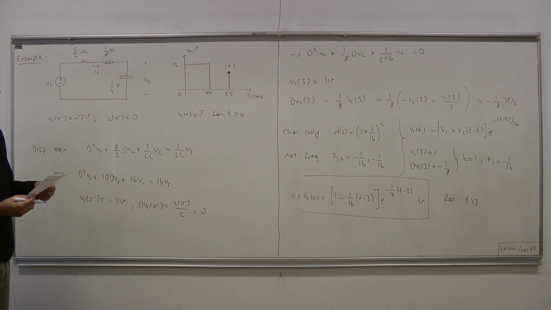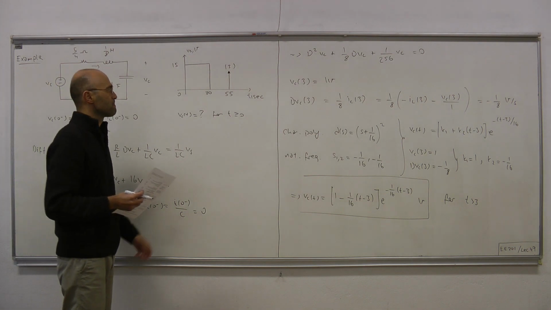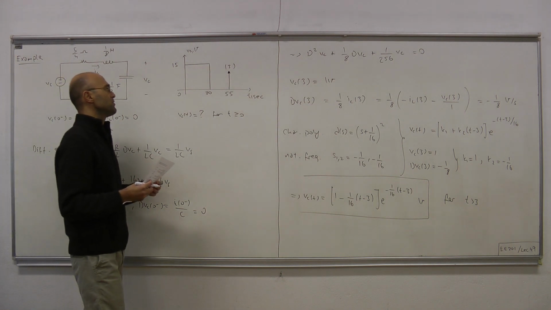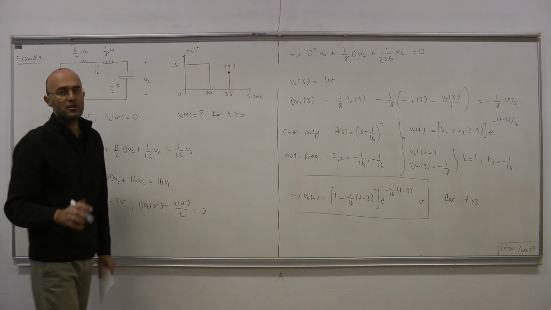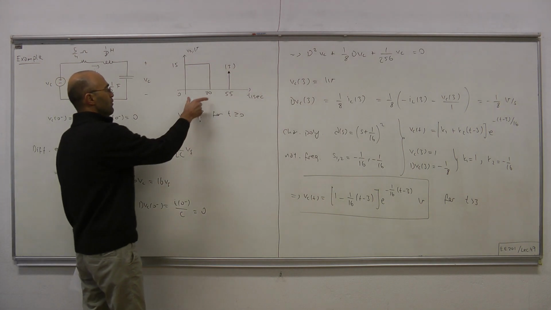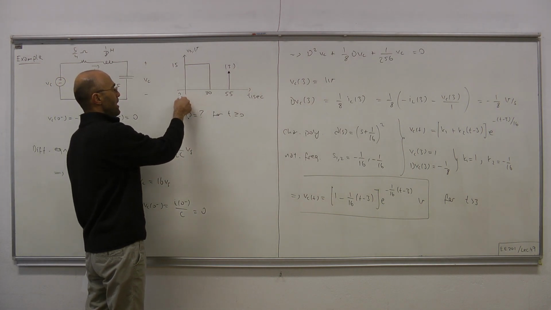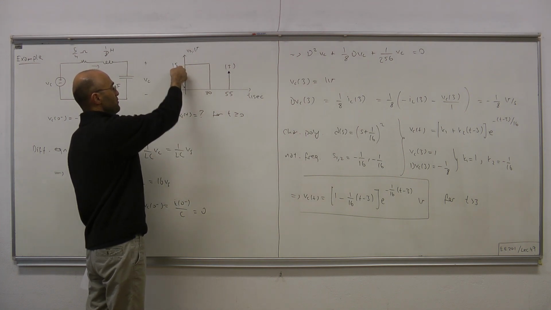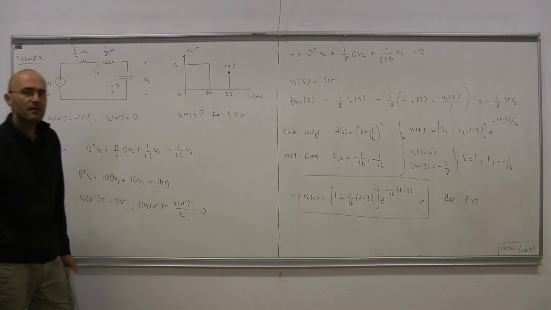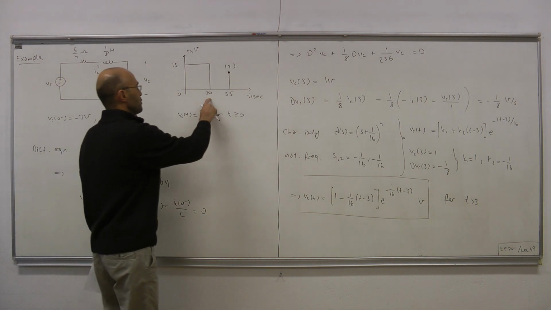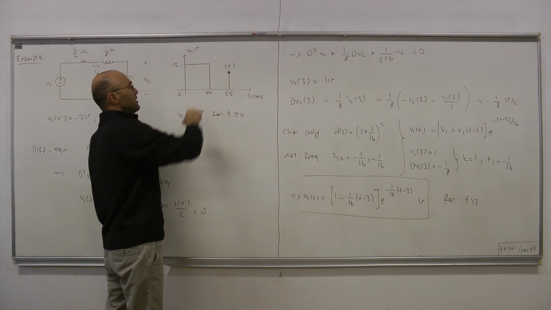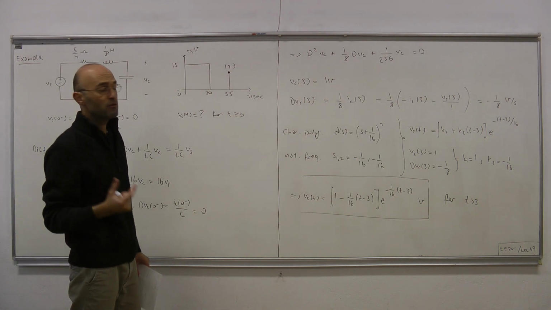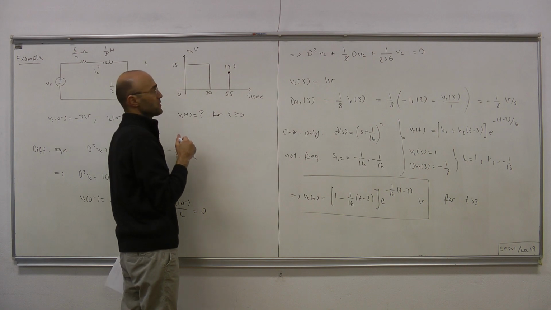Now there are two approaches to tackle this problem. One is doing region by region analysis. First you figure out what happens from 0 to 30. The input is 15, you know the initial conditions, solve the differential equation, obtain a solution. Then at 30, the input disappears, so you have a new differential equation where the right hand side is 0.